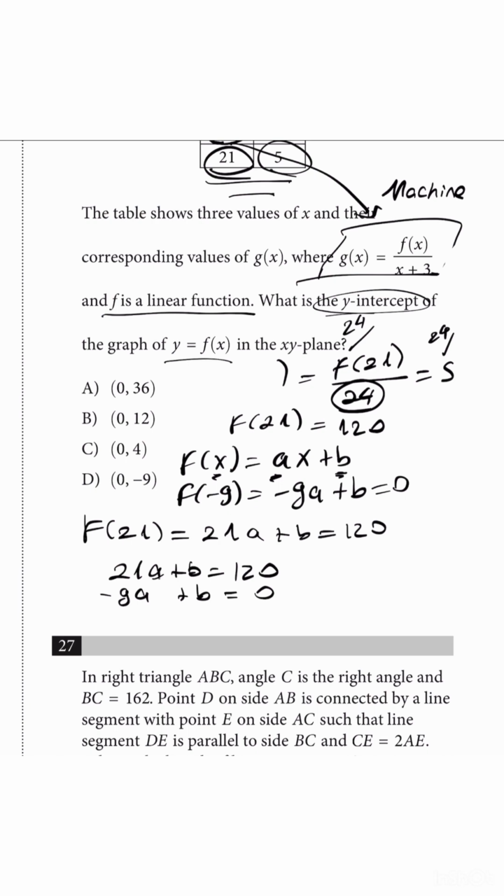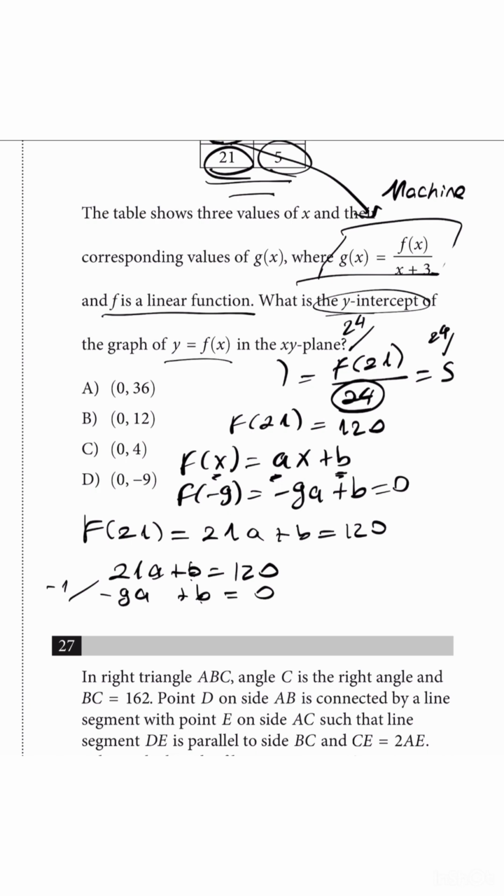If I find one of these values first, I can use that to find the other. So I'm just going to multiply this side by -1. Why am I doing that? Because if I add these two equations together, I'm going to have two b's, and I don't want that. I want to get rid of the b's so that I can get the a's alone and there's a number here, so I can associate that number with a.